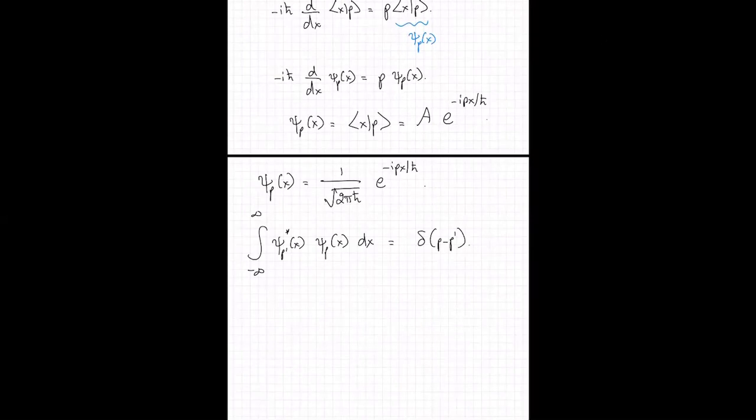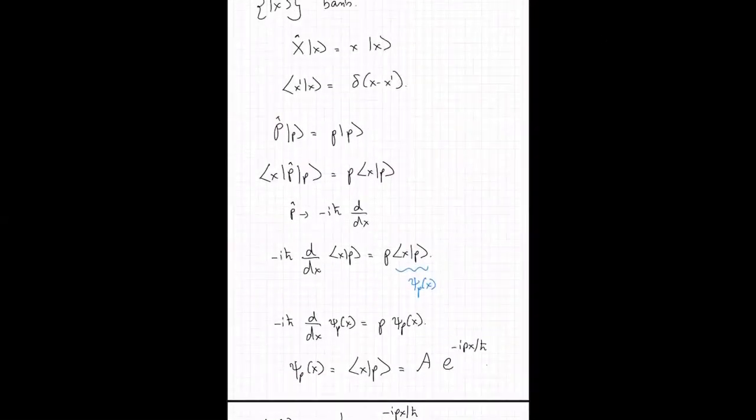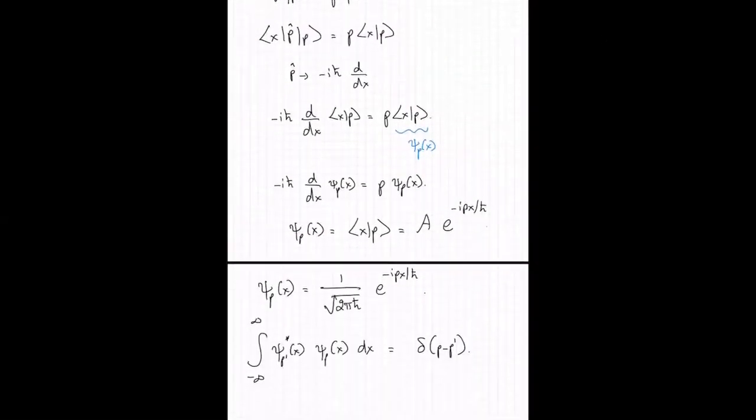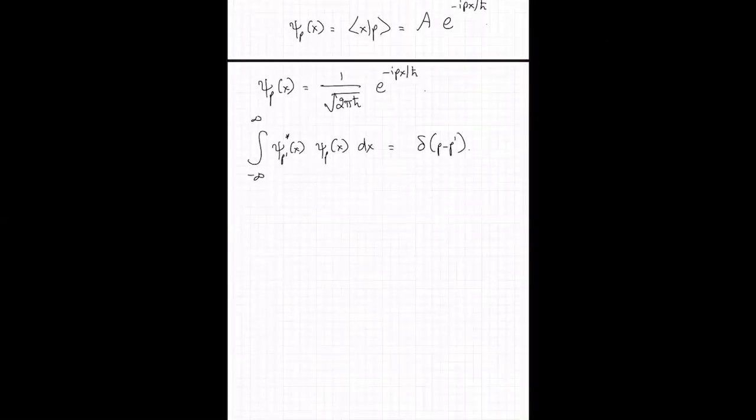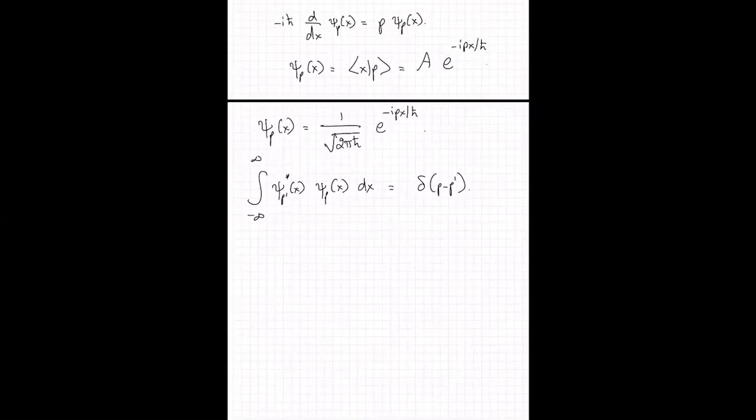So again, the eigenfunctions of both the x operator, which is a delta function, and the p operator, which is e to the i p x over h bar, are in some sense a little weird, because the eigenfunctions themselves cannot represent physical systems because they are not normalizable functions. But they are orthogonal in the sense of delta function orthogonality, and I can always use them as basis sets. Okay.